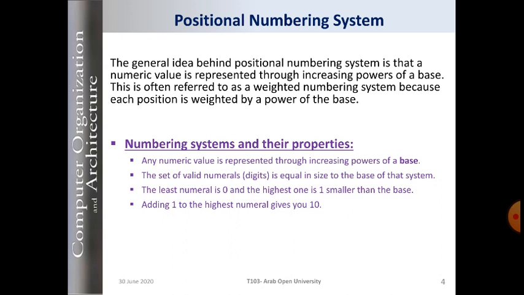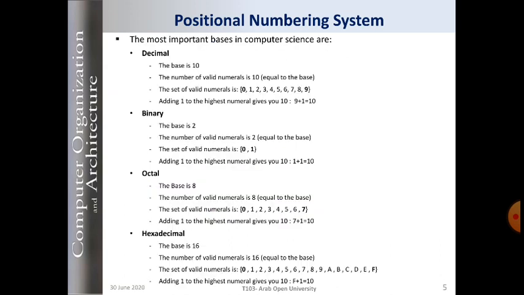The least numeral is 0 and the highest one is the base minus 1. Adding 1 to the highest numeral gives 10, which has a different meaning based on the numbering system. In the decimal system, 10 means ten, while in the octal system it means 8, and so on.